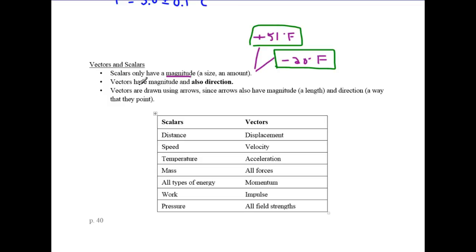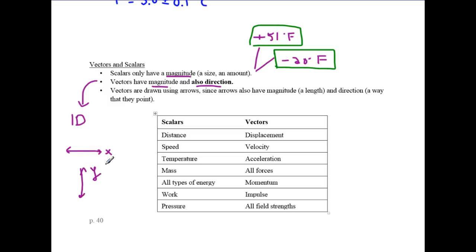Okay, vectors on the other hand, so scalars have magnitude only, no direction. Vectors have magnitude and they have direction. So to the left, to the right, up, down. In the case of a one-dimensional vector, one-dimensional means just along a single axis, so just the x-axis, just along the y-axis.